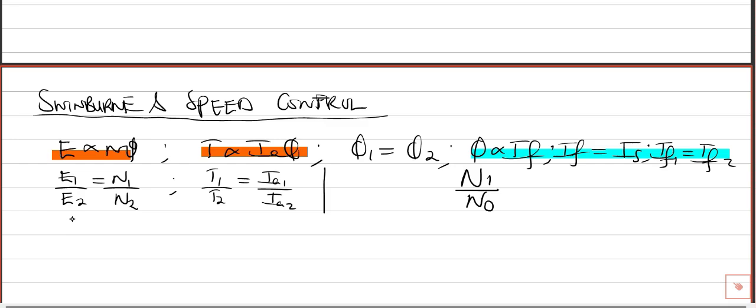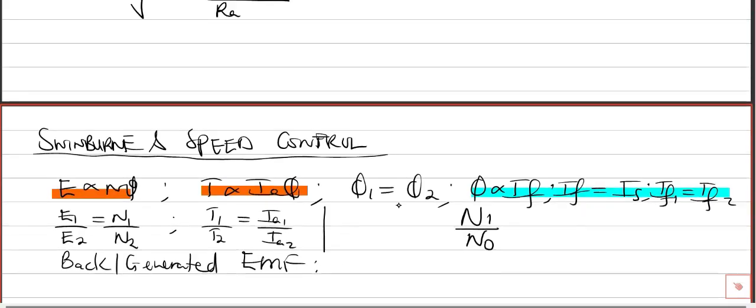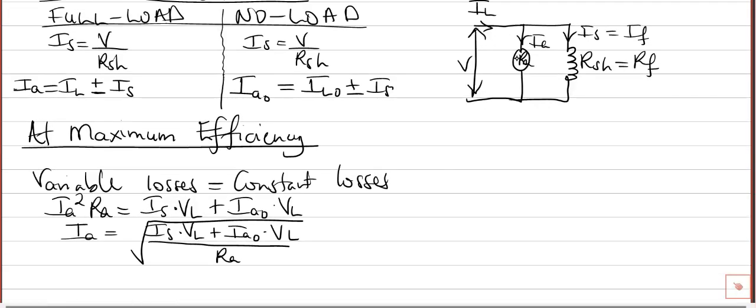Also, you may be required to calculate back or generated EMF, because these are shunt connections where the typical circuit is as the one I sketched up here.